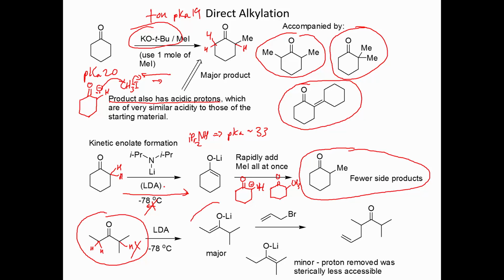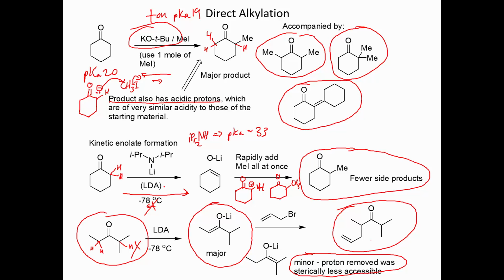So this would be the major enolate that we get, and when we treat this with a good SN2 substrate like allyl iodide, we could expect to generate the product that you see right here. We might get some product from this one, but not very much, because this is only a minor product. So this should be by far the major product.